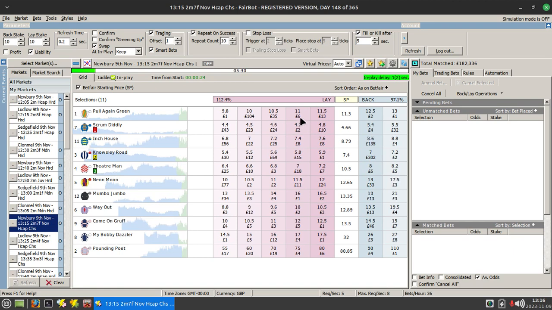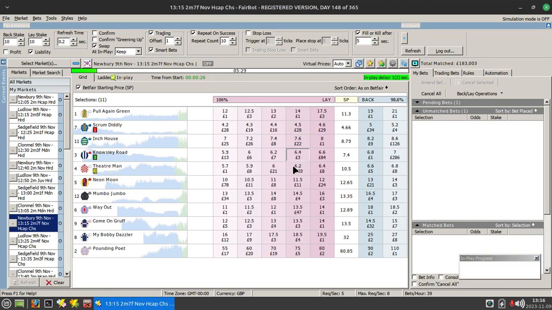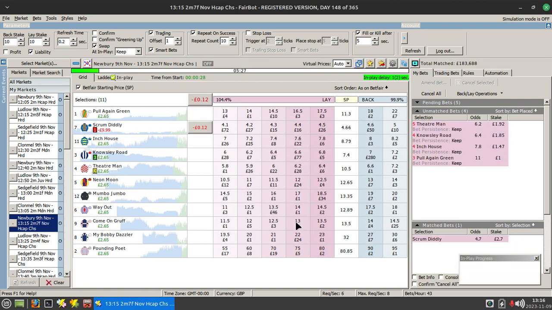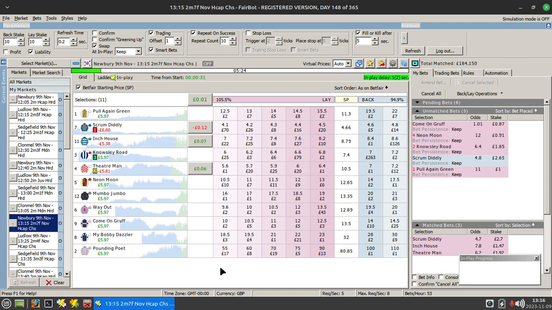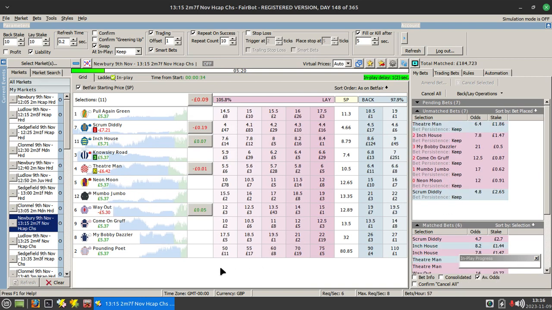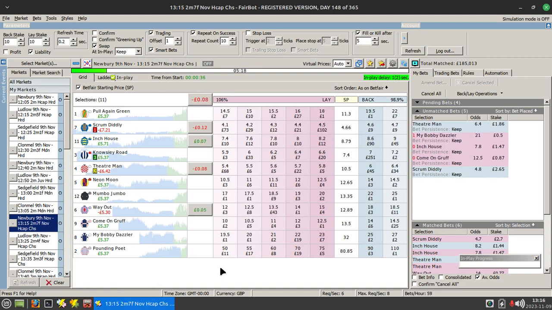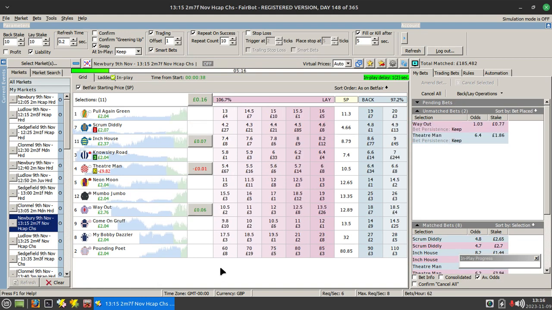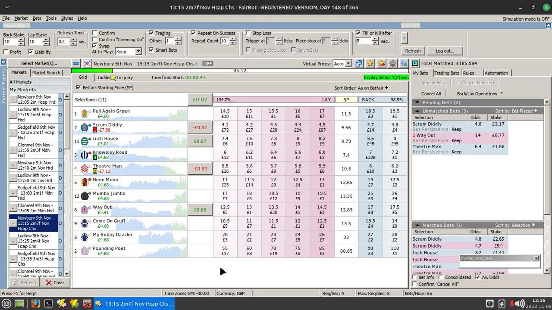The other thing that I'm going to do is I'm not going to go back in to any of these runners once the repeat on success trading loop has been cancelled, either completely, in other words it's gone through the whole list, or the killer fill has sorted it out.